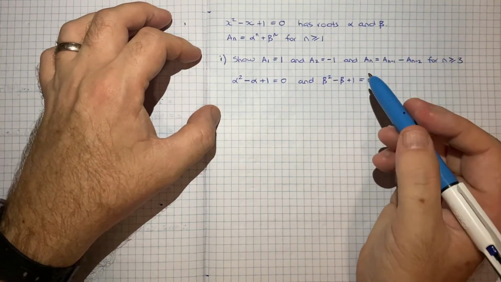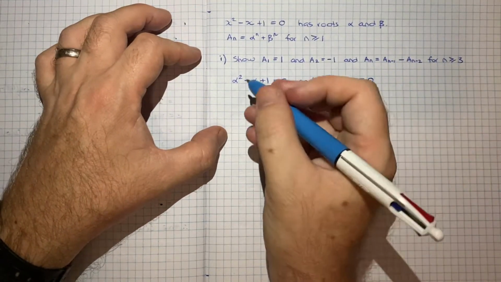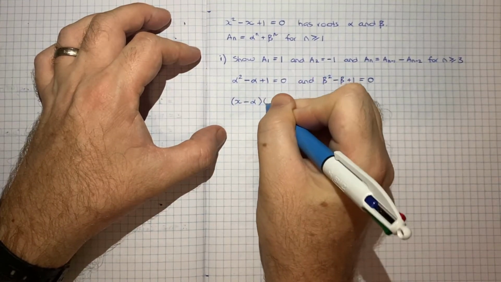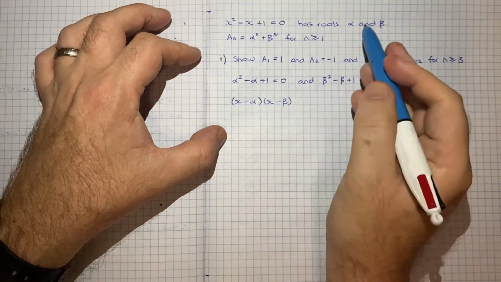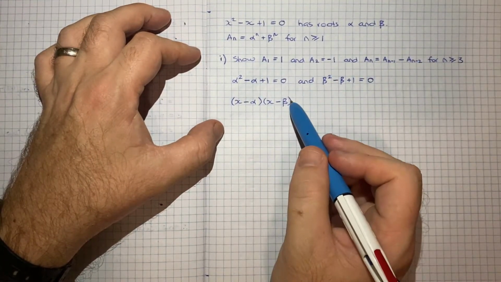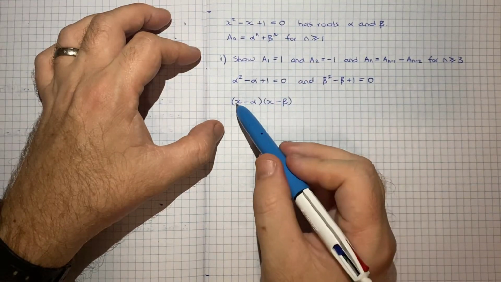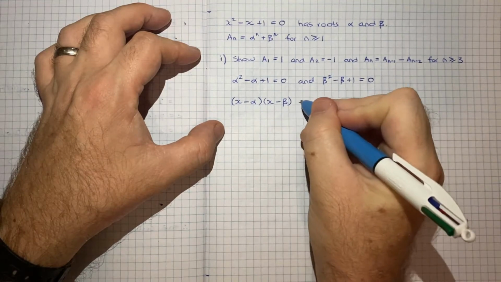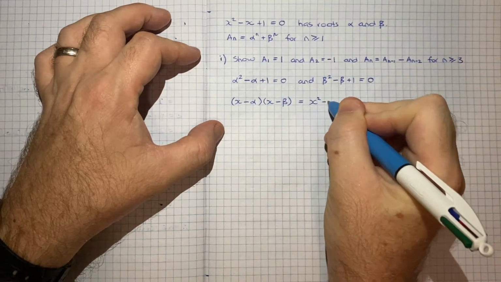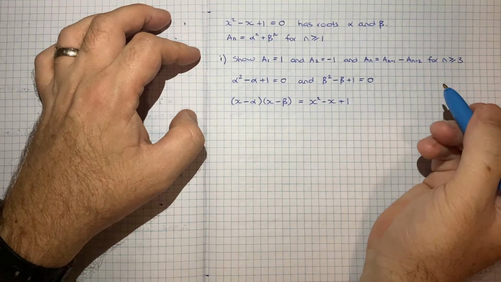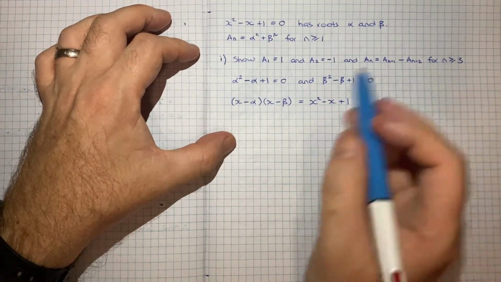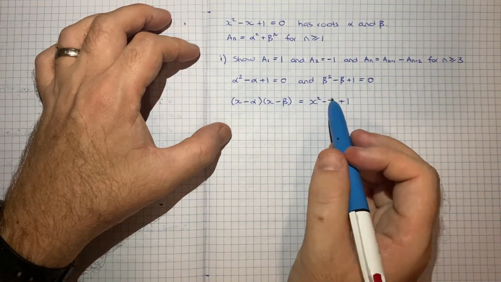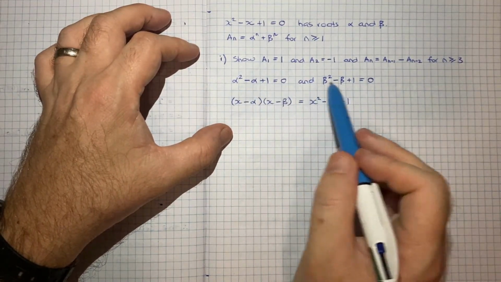The other thing we can say for sure is that we can write the equation as x minus alpha, x minus beta, because when you know the roots, you can factorize the polynomial as x minus each root multiplied together. So that is going to be equal to the equation we're dealing with. Now what might be helpful is if I expand this left-hand side and then equate coefficients, we can then get some more things that we know about alpha and beta.